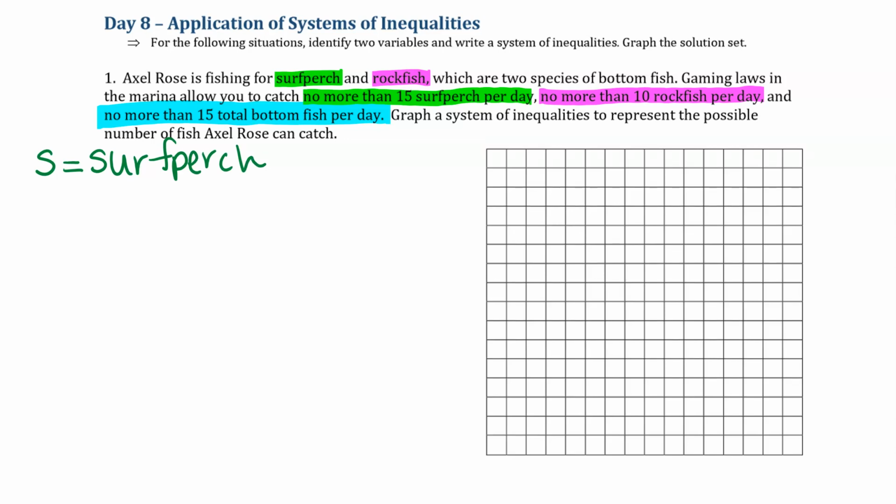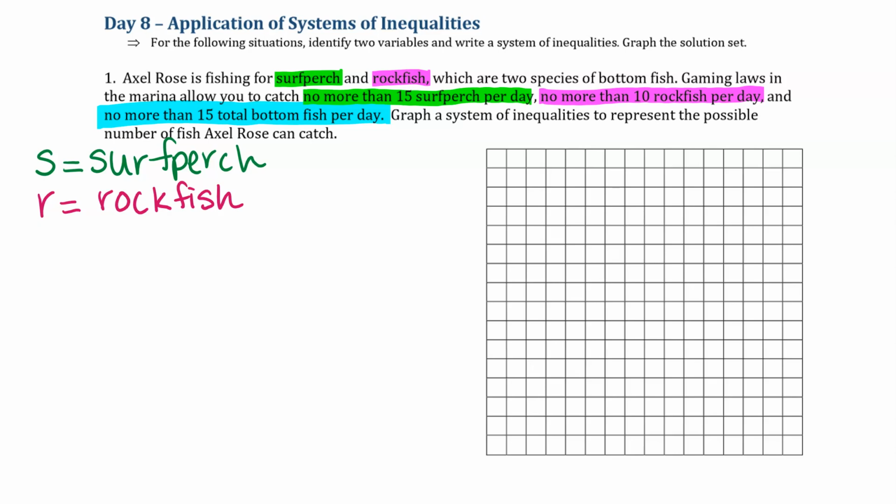And then I'm going to use R for the rockfishes. I know that would get you 1 point on your day 6 part, but we have to do one more thing on this, and that is label our axes on this graph right here.